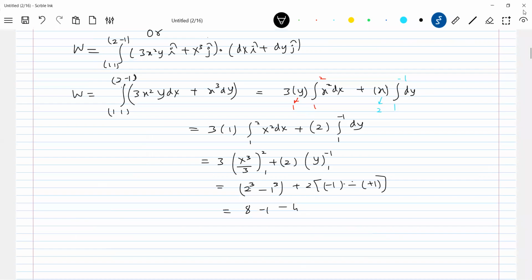Let me check it. 3x square is there, no? Here x cube, no? Yeah. Okay, thank you. This will be how much? Will be 8, no? So this will be 8 into minus 2. Check it, how much will come? Minus 9. Minus 9 joule.